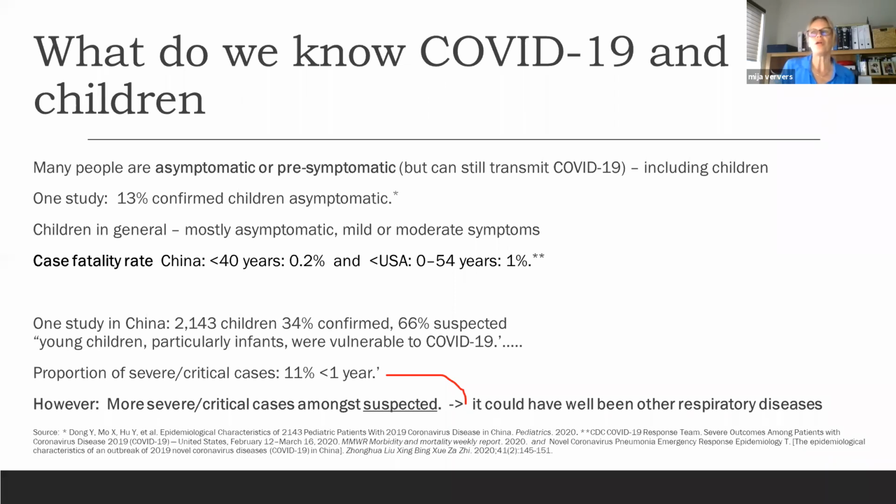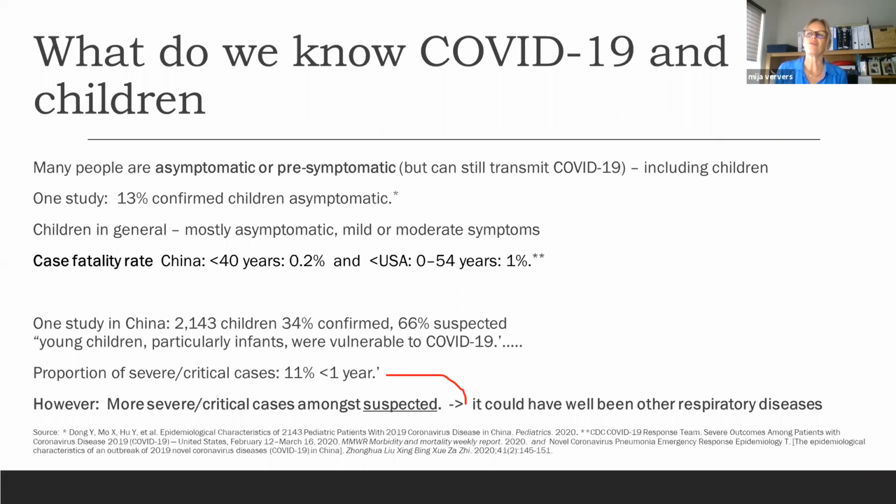So what do we know about COVID-19 in the children is that many people are asymptomatic or pre-symptomatic, but they still can transmit the disease, including children. There was one study in China that said that 13% of the confirmed COVID children were asymptomatic, so you don't know whether they have it. In general, children are mostly asymptomatic, have mild or moderate symptoms.